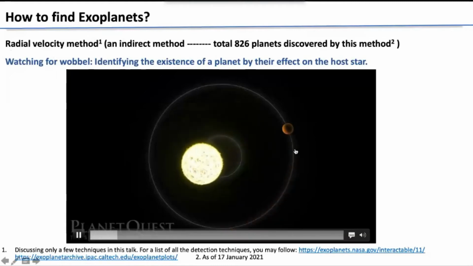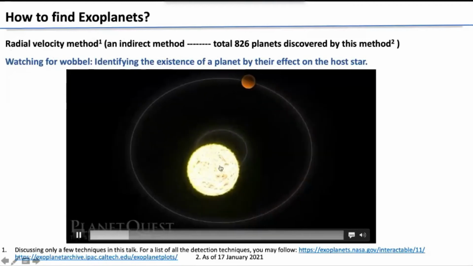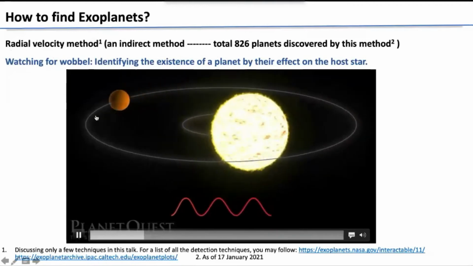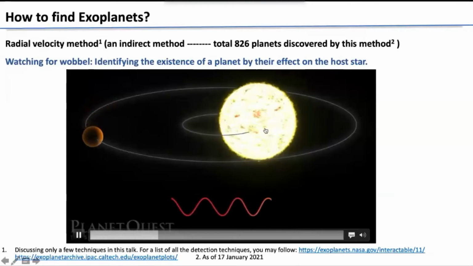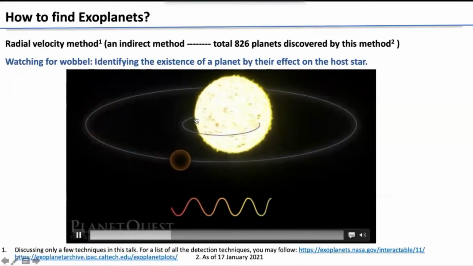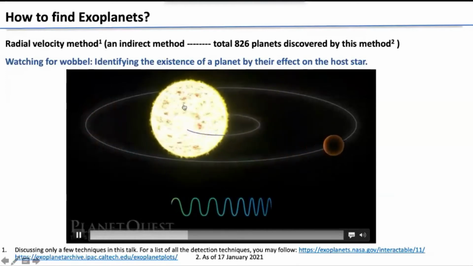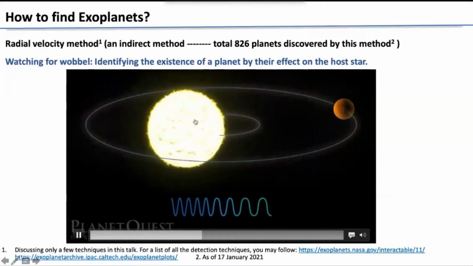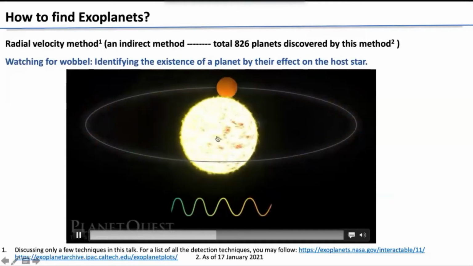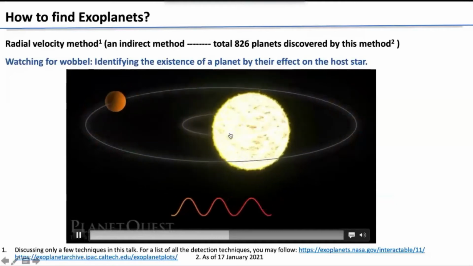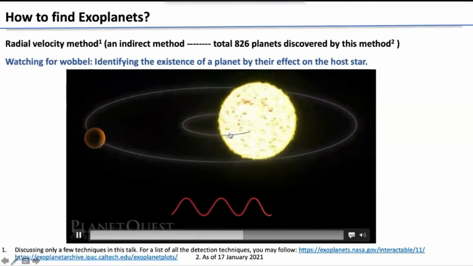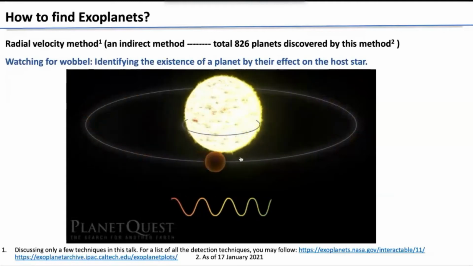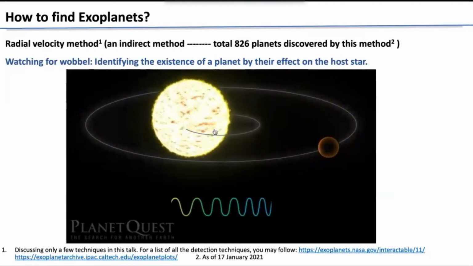If you have a planet orbiting a star, the planet and star system are going to orbit around their center of mass. So the star is obviously going to wobble, and you can study this wobbly effect and see if there is a planet around the star or not.